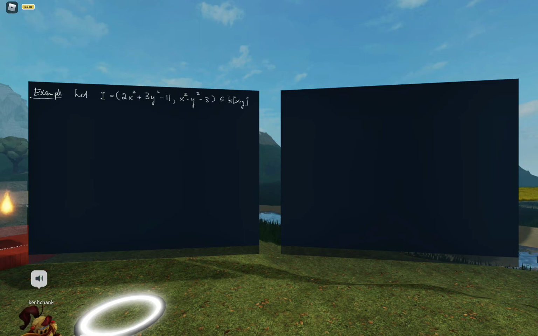I'm going to claim that x squared minus 4 and y squared minus 1 are in the ideal.